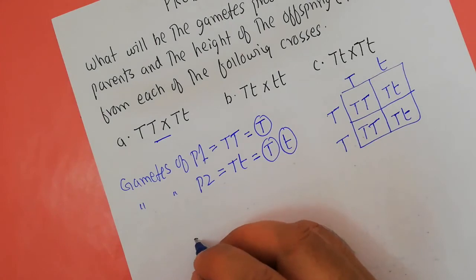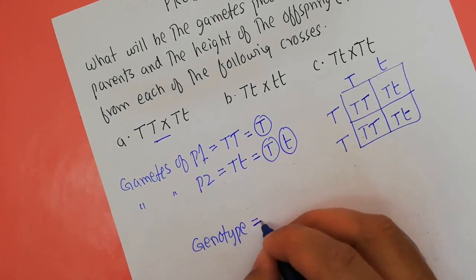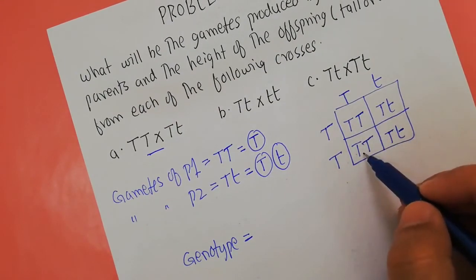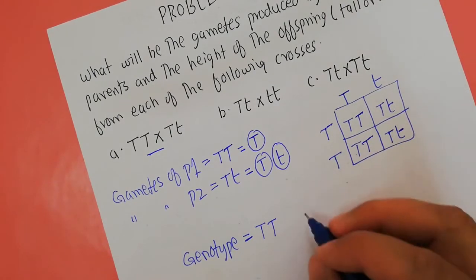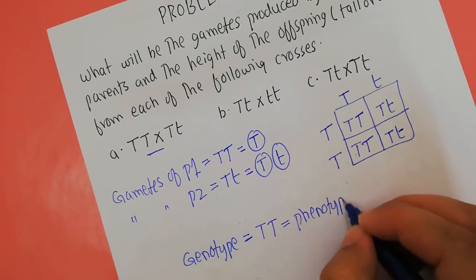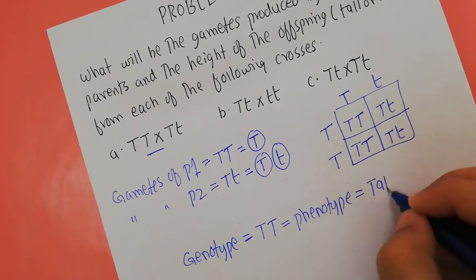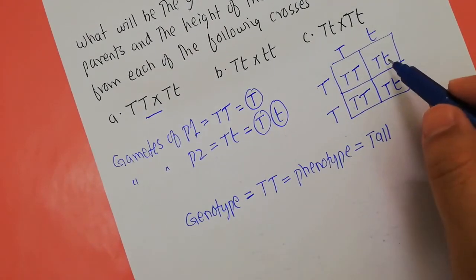Now if you talk about the phenotype of these, first we have to write out the genotypes of the offspring. One kind of genotype you are getting from these crosses is the capital T and capital T over here and over here. The phenotype of these offspring will be tall, because both of the alleles are for the tall phenotype. The second one is the capital T and the small t, two of them.